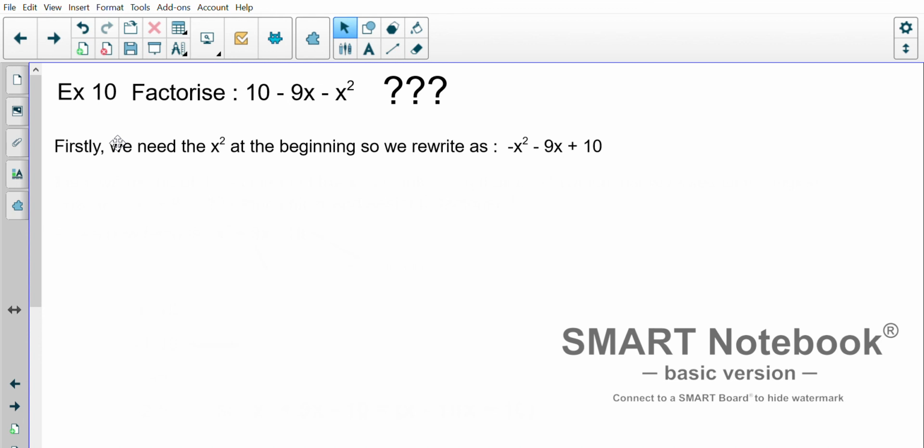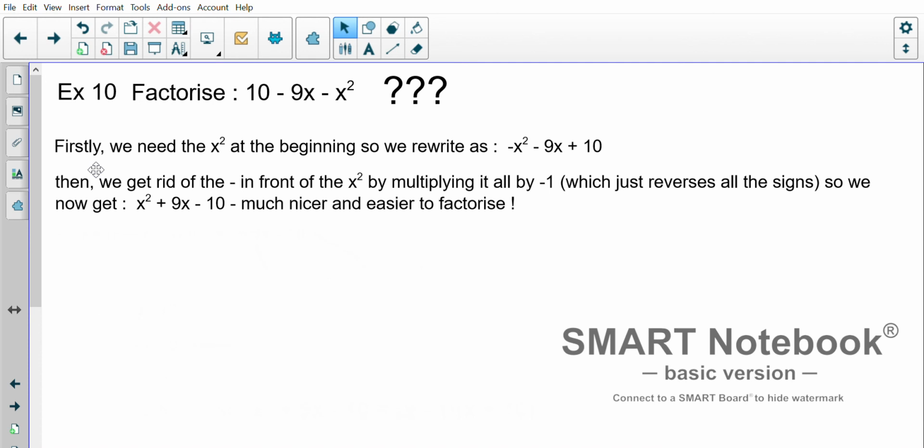We want to get rid of the negative though. That's still something that doesn't look right. So the wee trick that you would do to get rid of the negative is multiply the whole thing through by negative 1. Now if you multiply everything through by negative 1, all you do is change the signs. So negative 1 times minus x squared makes that positive x squared.